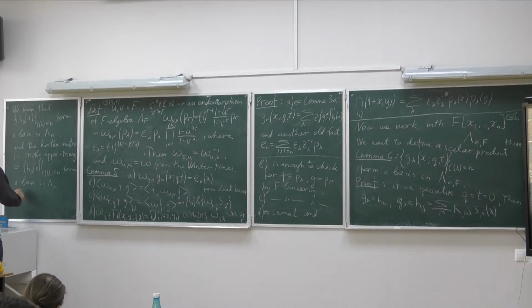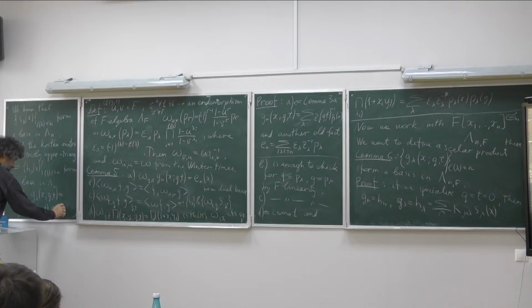Now let's write g_lambda(x; q, t) equals the sum over mu of b_{lambda mu}(q, t) m_mu of x.